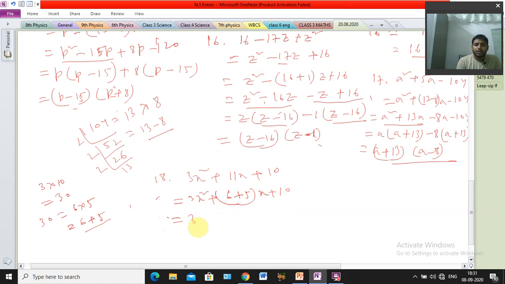Okay, so that means 3x square plus 6x plus 5x plus 10. Understood? Now take common from the first two terms, 3x common. If we take 3x, what will come, sir? X plus 2 will come, no? Clear or not? And take 5 common from the last two terms, so x plus 2 will come. Understood? So x plus 2 and another one will come, 3x plus 5.